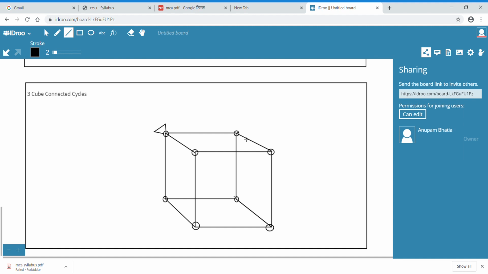I just got to represent only two nodes having the three cubes. Rest will be the same as the previous one. Like this, and this particular cubic cycle will be available here also, here also, and here also. Right?